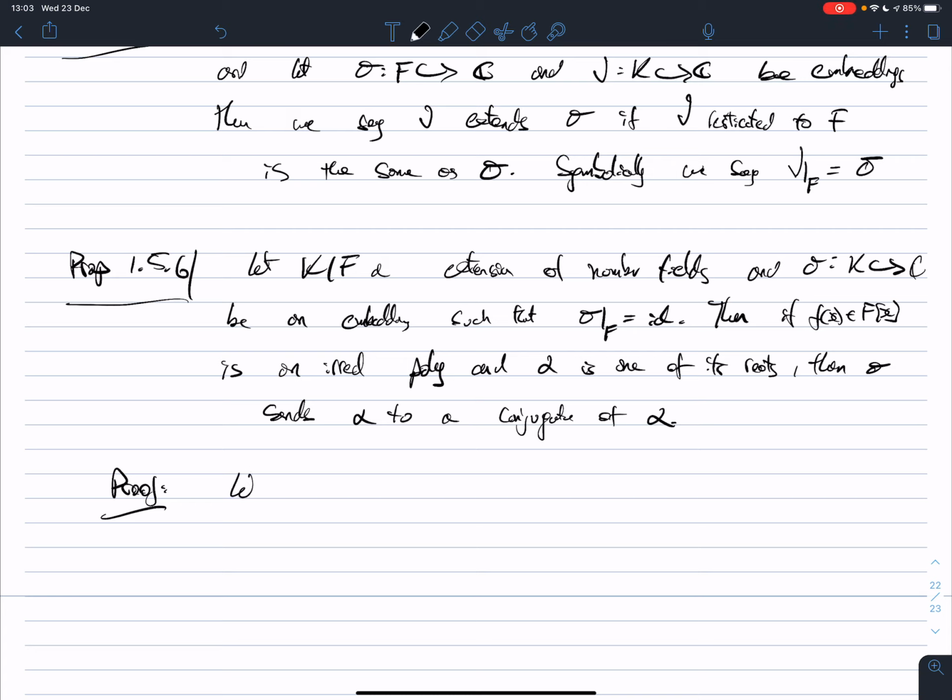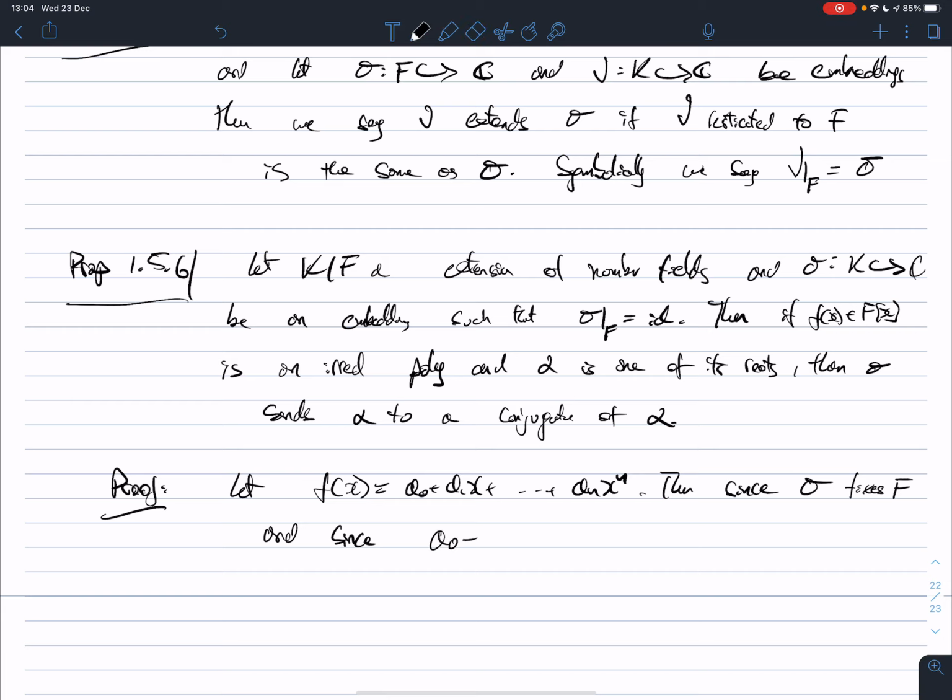Proof. Let's just look at what the polynomial is. Let's assume f of x looks like a0 plus a1 x plus ... plus an x to the n. Since sigma fixes F, it doesn't move F around, it's the identity on F. And since alpha is a root, we have a0 plus a1 alpha plus ... plus an alpha to the n equals 0.